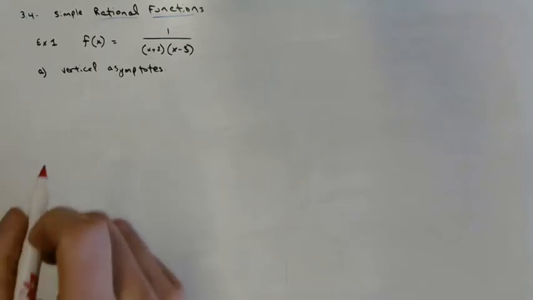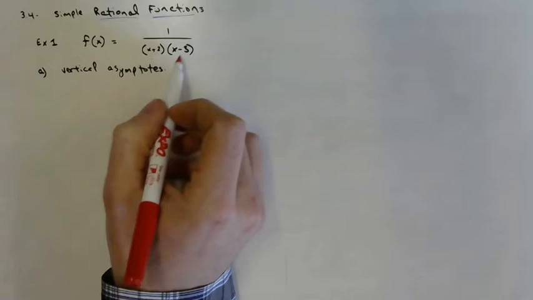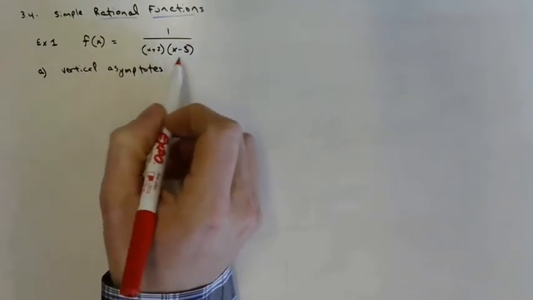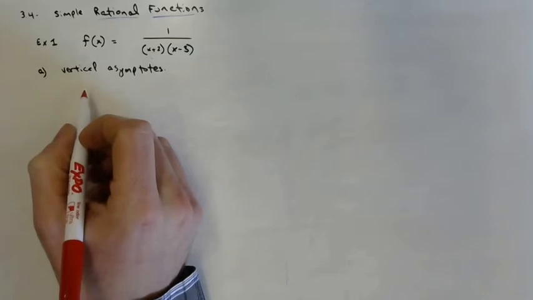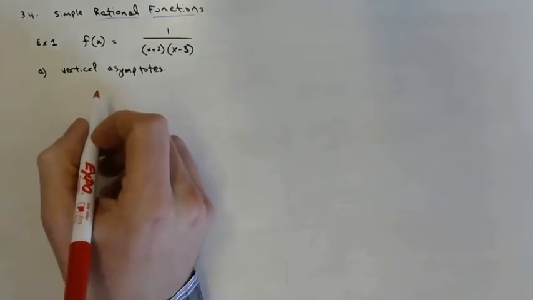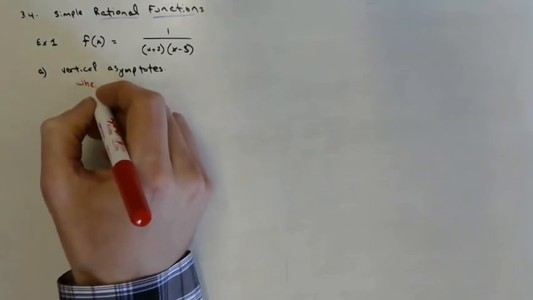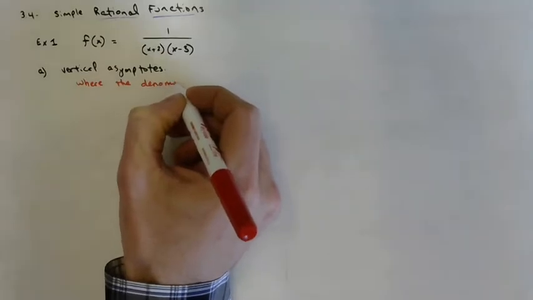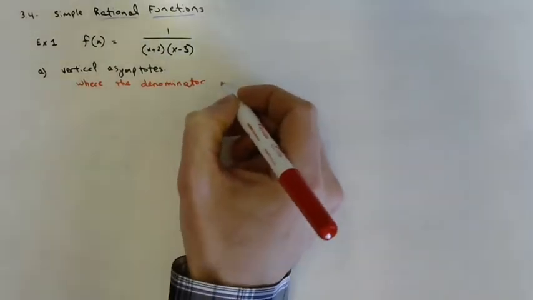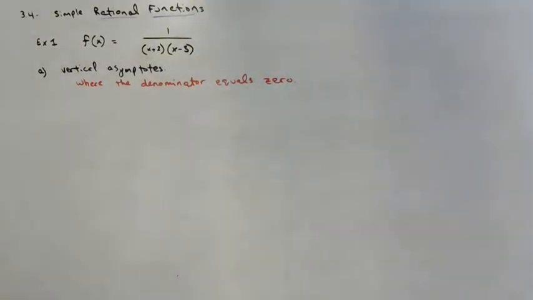They're where the denominator equals 0, right? That would make this function undefined, which means there's a vertical asymptote wherever the denominator equals 0. It's already factored for us. So all we need to do is find where the denominator equals 0.